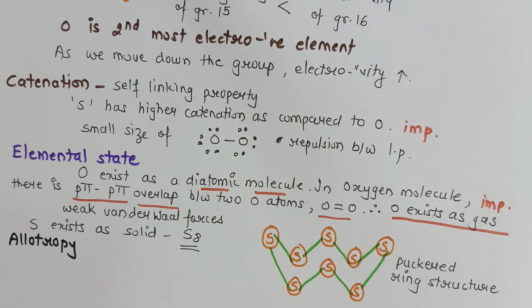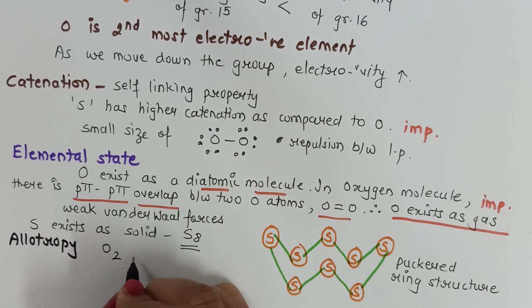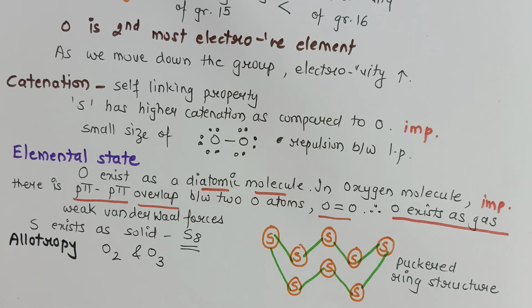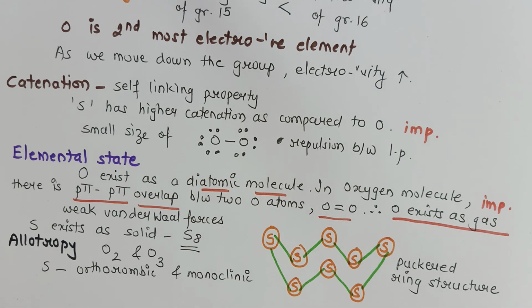The next property that we are going to discuss is allotropy. All the elements of group 16, they exhibit allotropy. For example, oxygen exists as O2 and O3. So these are the 2 allotropes of oxygen. Sulfur exists in the form of orthorhombic sulfur and monoclinic sulfur. These are allotropes of sulfur.